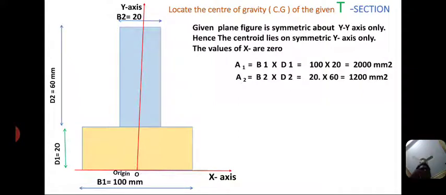The values of x are 0 because it is symmetric about the y-axis. Therefore C1 and C2 are the same.